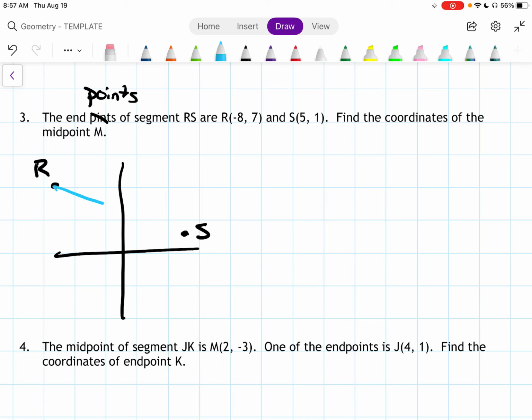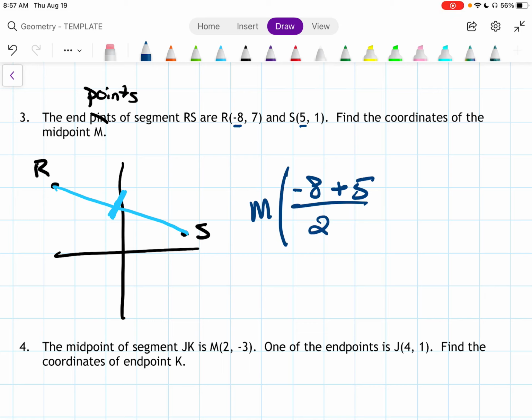This is segment RS, and we want to find the midpoint halfway between it. I'm going to use my midpoint formula. So my midpoint, and I'll call it M, is going to be at, I average my x's, so I take -8 and 5, -8 plus 5 divided by 2. And then I do that same thing to my y, so I'll have 7 and 1. So 7 plus 1 divided by 2.